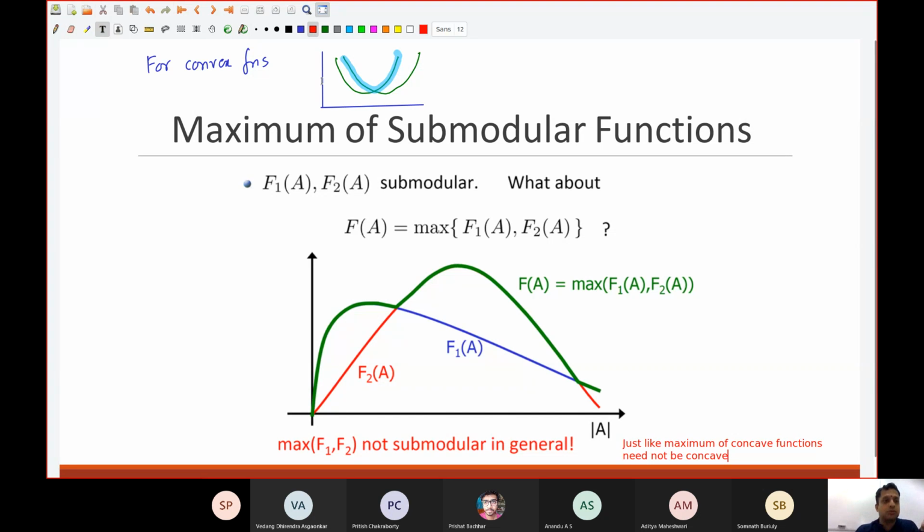If I take the minimum of two convex functions, is it convex? No, it need not be convex.